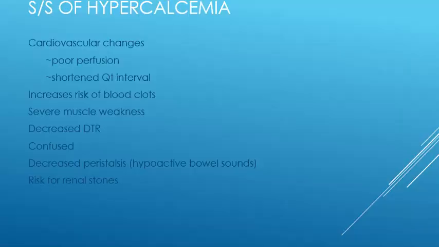They are at increased risk of blood clots and confusion. They'll have decreased peristalsis, which is just hypoactive bowel sounds, and like I just mentioned, risk for kidney stones. With mild cases of hypercalcemia, they will have an increased heart rate and BP.